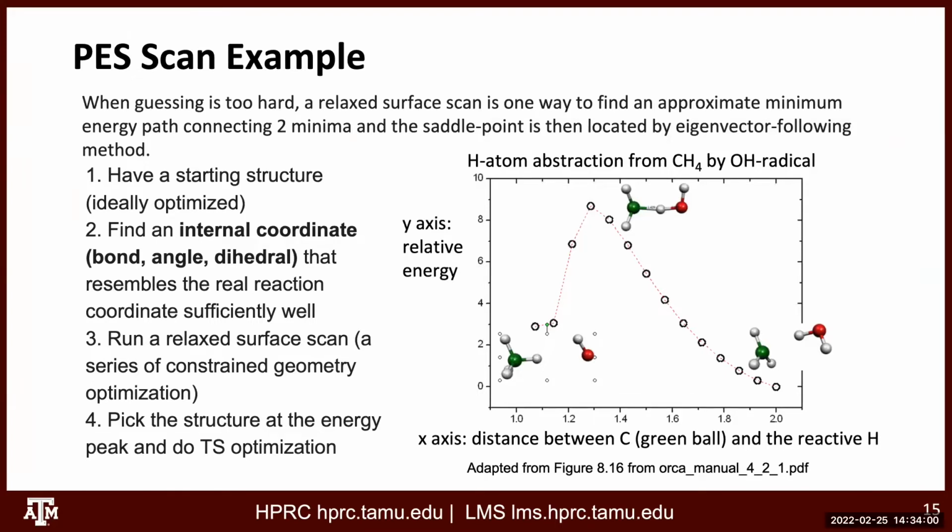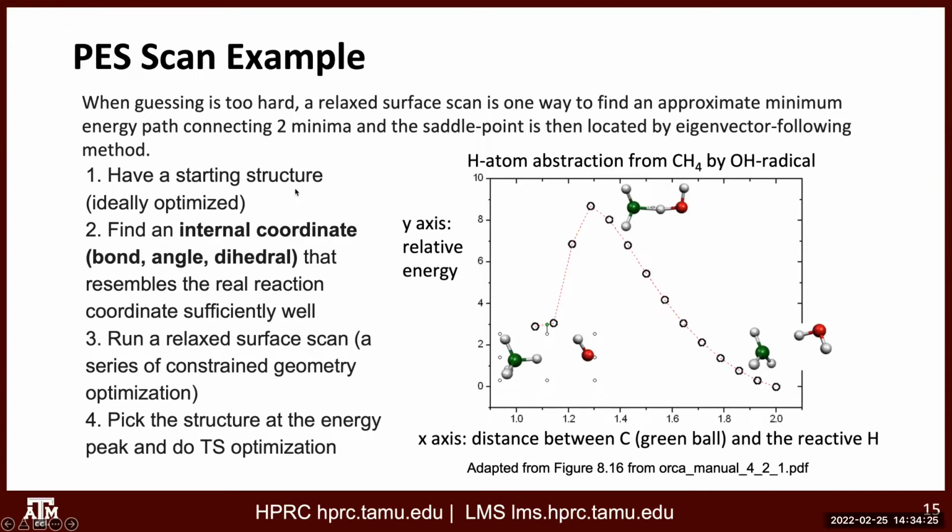When guessing is too hard, a relaxed surface scan is one way to find an approximate minimum energy path connecting two minima, and the saddle point is then located by an eigenvector following method. With the scan, what you need to provide is a starting structure.